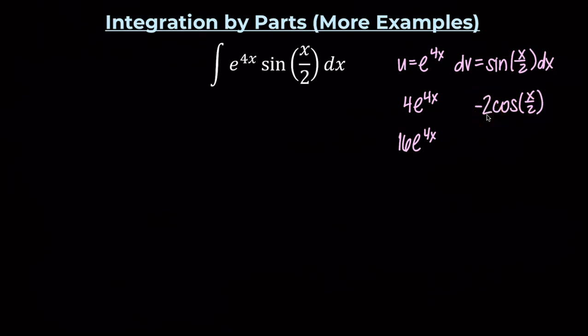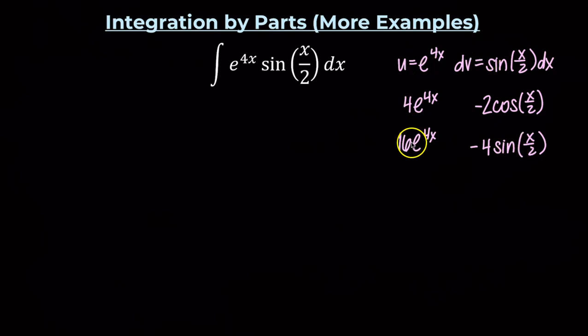So we have negative 2 cosine of x over 2. Then we integrate again, and another 2 pops out, so we have negative 4 sine of x over 2. So make sure you know your general antiderivatives.